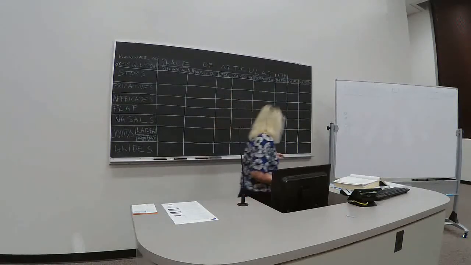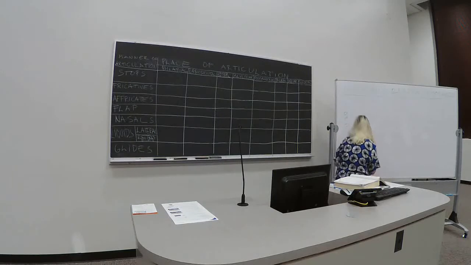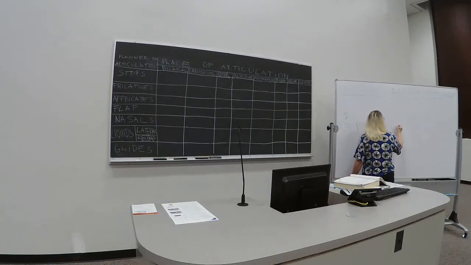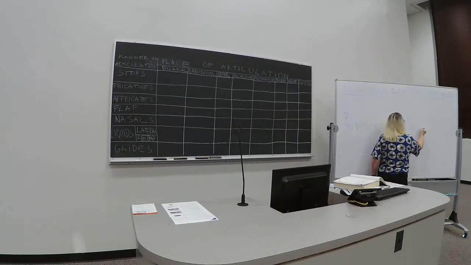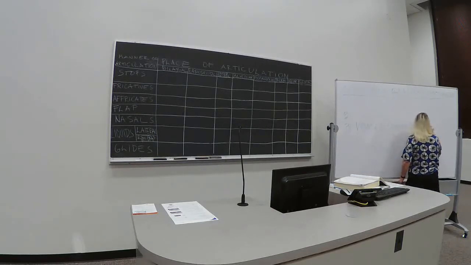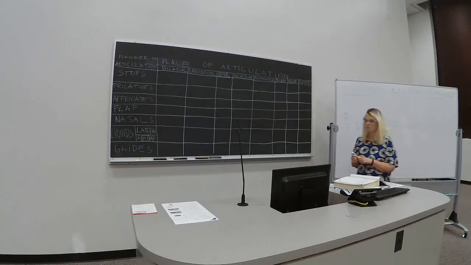Yes, and I'm going to put that here. These are just in no specific order. So sounds are either voiced or voiceless. So we need voicing to describe the consonant sounds.